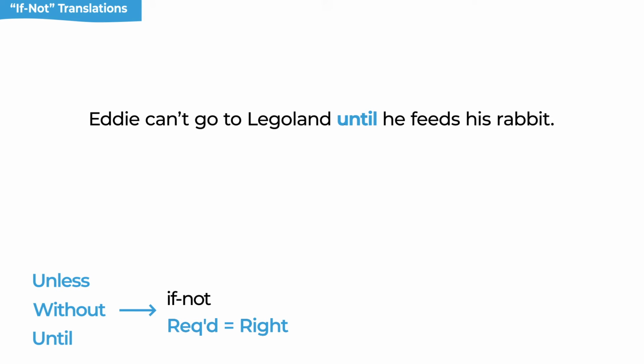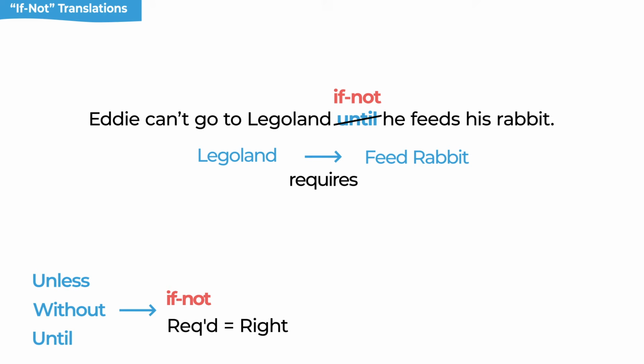Okay, well, his parents are saying it's required that you feed your rabbit. So feed rabbit goes on the right, required on the right. We can read this statement as Legoland requires that he feed his rabbit. Remember, the original if not formulation would give us the contrapositive. If not feed rabbit, then not Legoland.